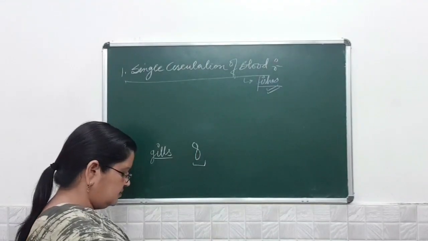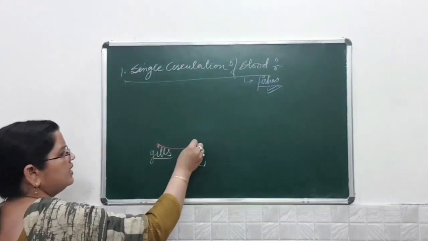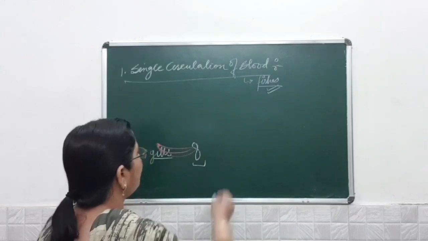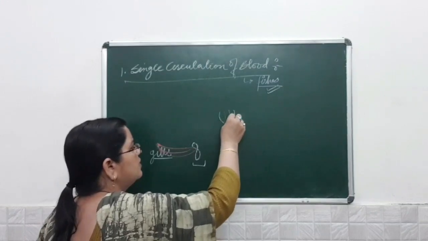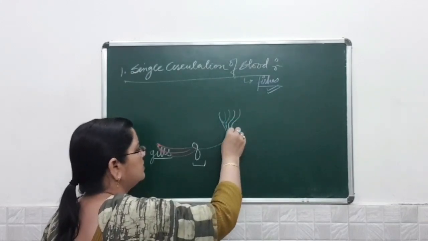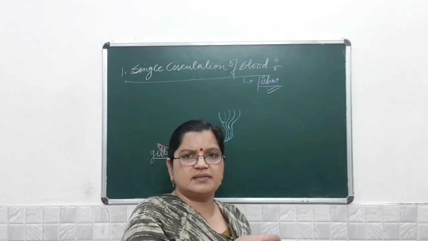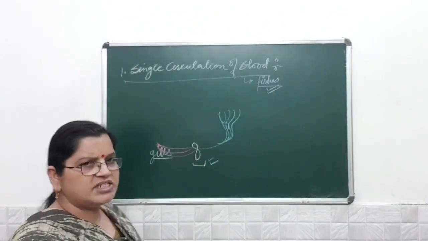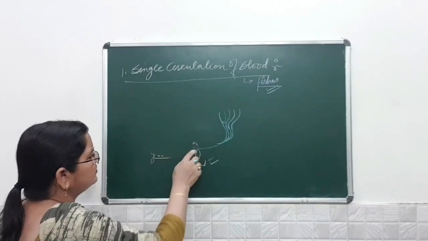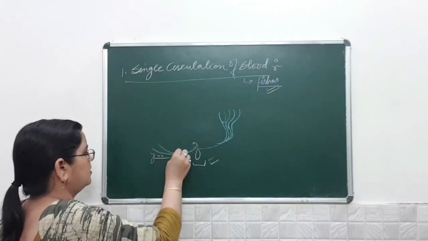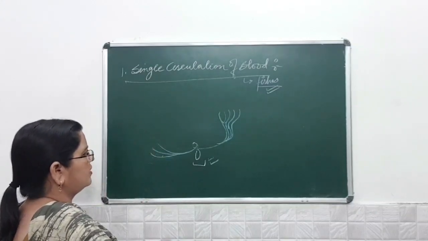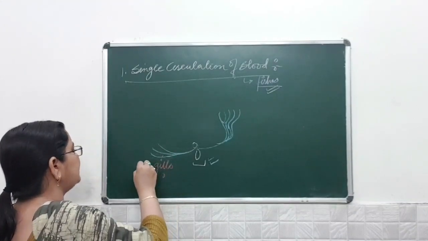This two-chamber heart pumps deoxygenated blood from body tissues towards the gills through contraction and relaxation, and this deoxygenated blood moves into the gills and exchange of gases takes place.